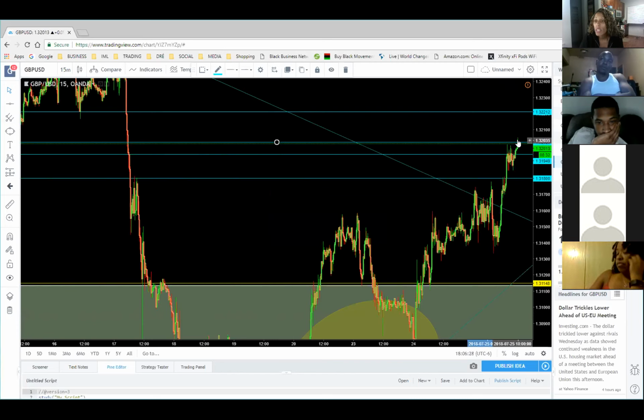Or you could have stayed in the trade. It would have brought you back down, but then it would have taken you back up to the previous level of consolidation. So you can do it however you want to do it.